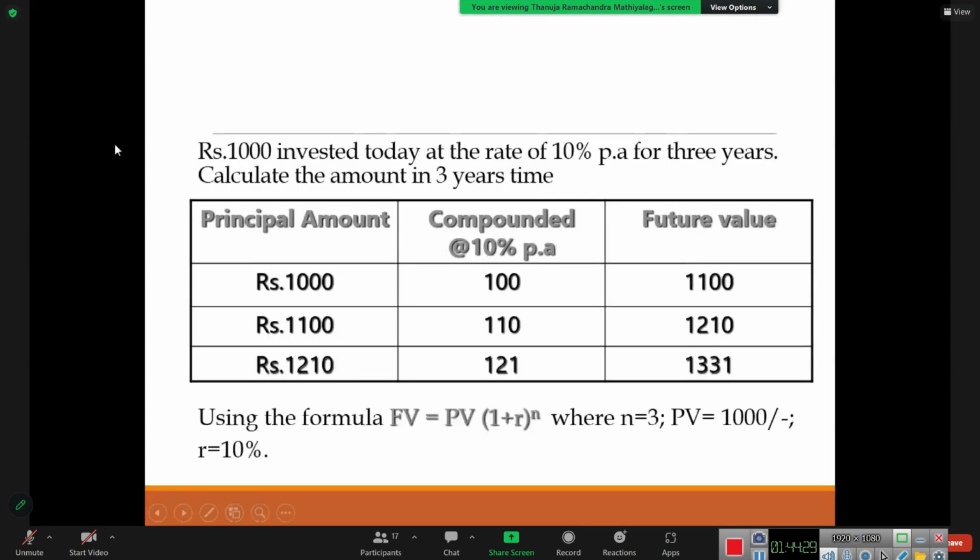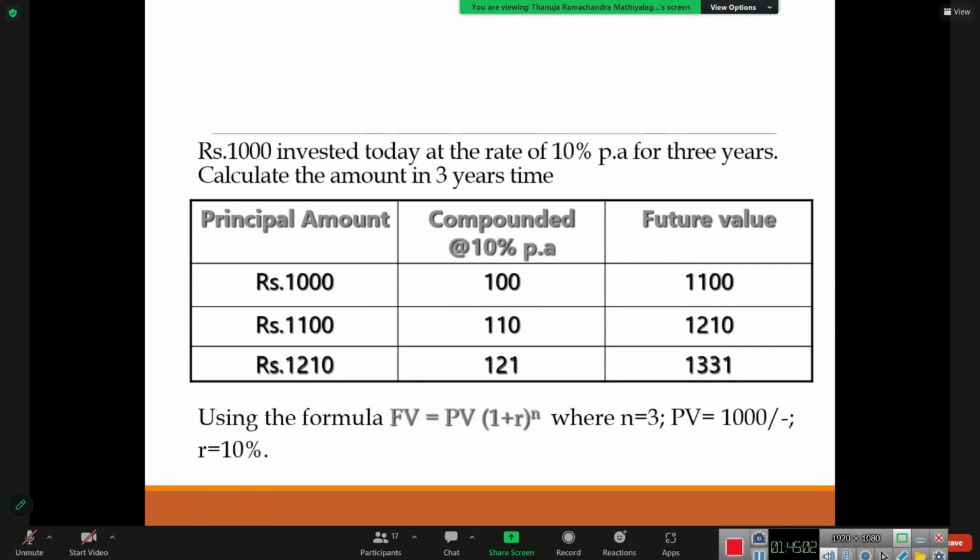Right. You see, 1,000 invested today at the rate of 10% per annum for 3 years. Calculate the amount in 3 years' time. Okay. So 1,000 and the 10% interest is 100. So after 1 year, it becomes 1,100. Then for the next year, that 1,100 is earning interest.